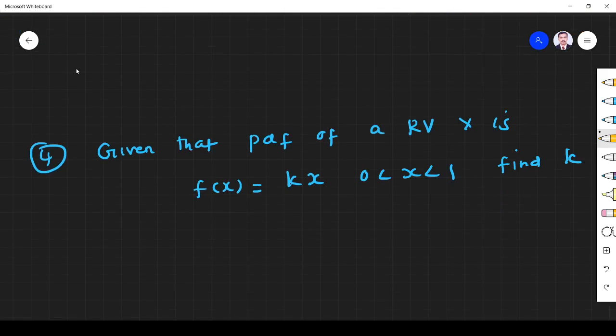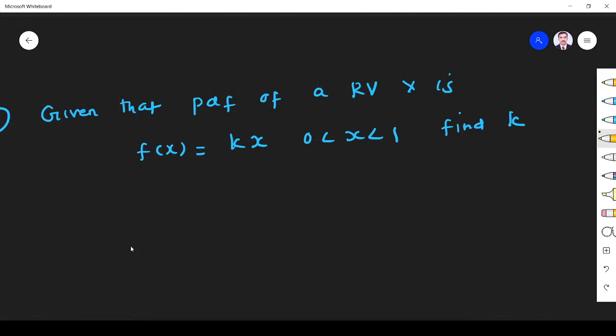And the next problem is, given that PDF of a random variable is f of x is equal to kx, where x varies from 0 to 1, find k value, right? So we know for any PDF, the integral from minus infinity to plus infinity of f of x dx equals 1.